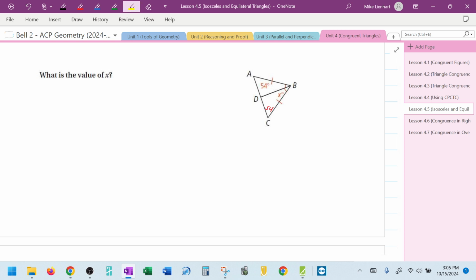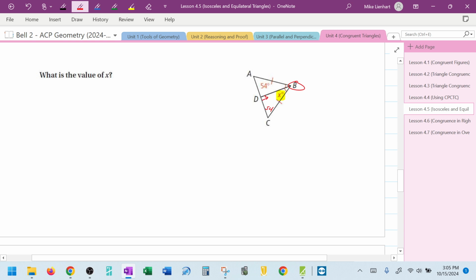Now, I'm trying to find x, but I don't know anything about this angle down here. I do know, however, that BD is the angle bisector of the vertex, which tells me this angle down here has to be a right angle.